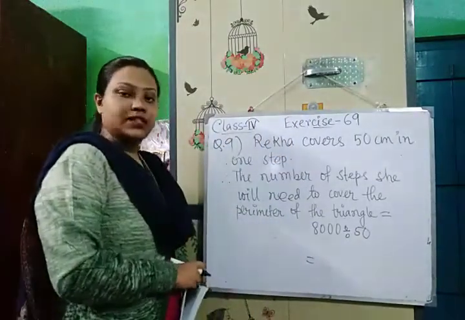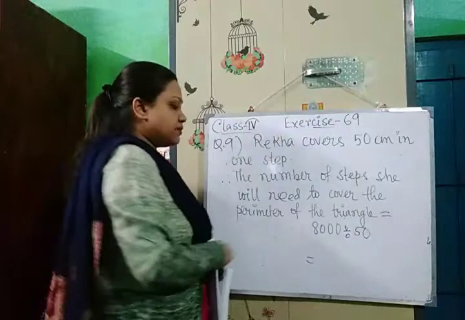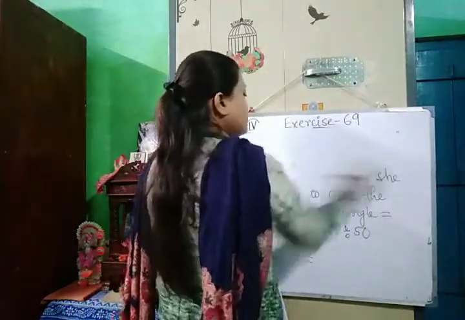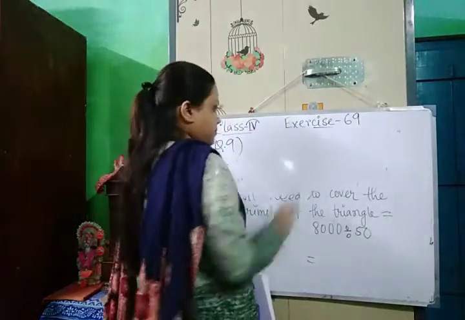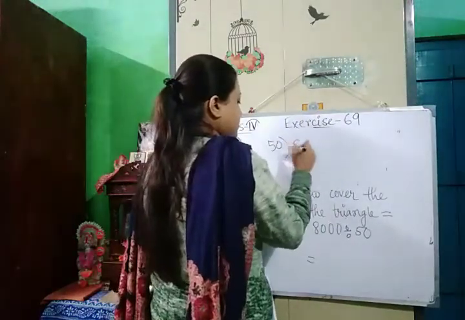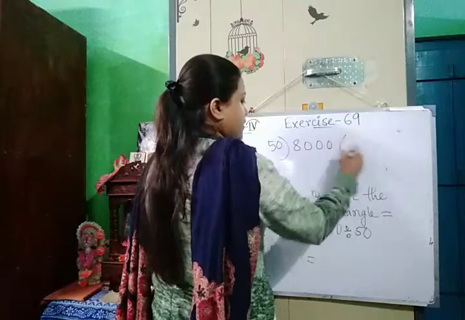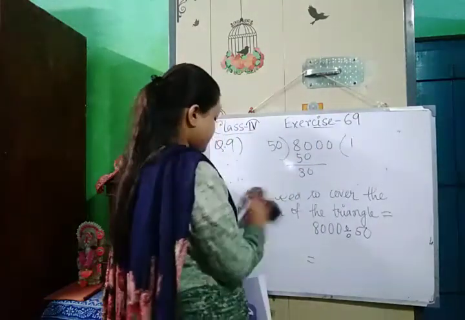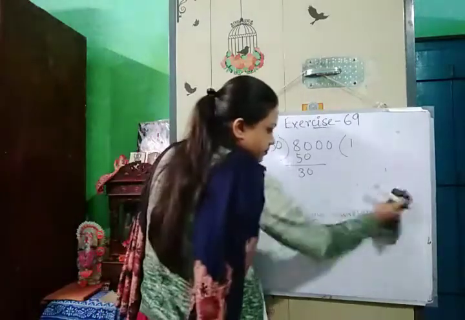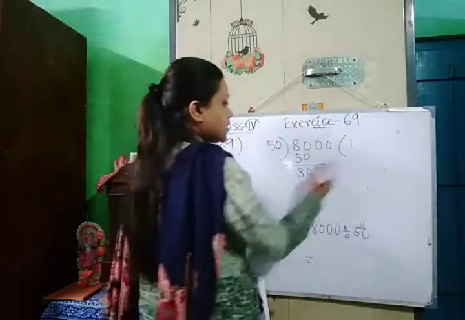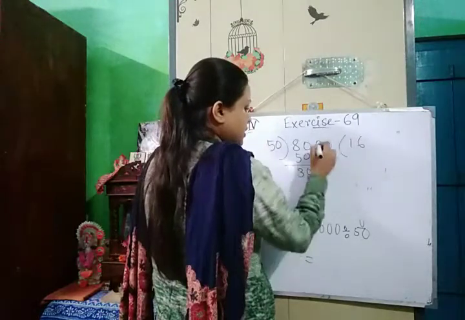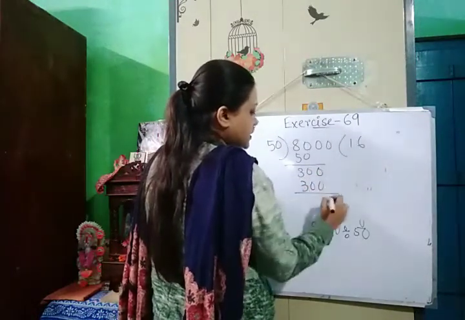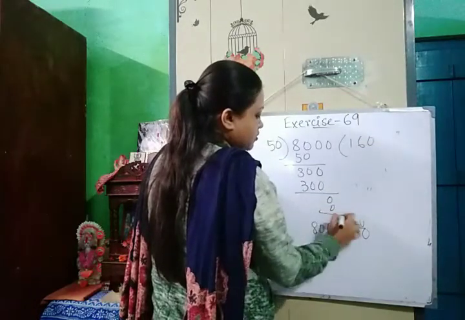So now what will be the answer? You have to divide them. 50 ones are 50, 30 remainder, 0 we will take down, 50 6s are 300, 1 0 is there, so 50 zeros are 0.